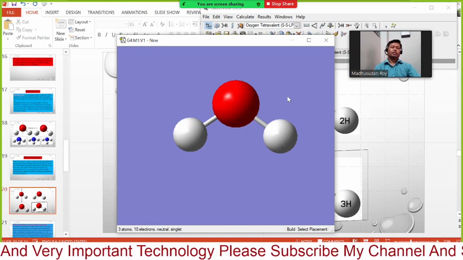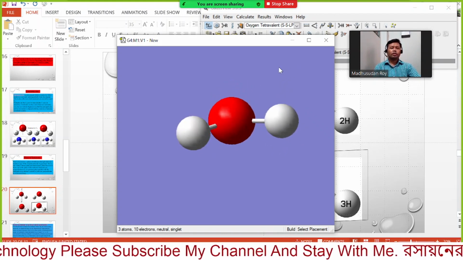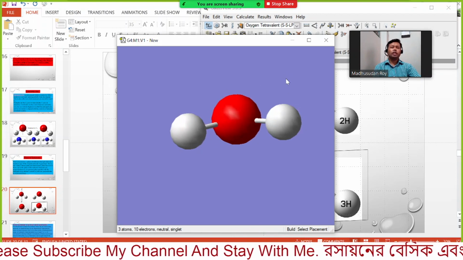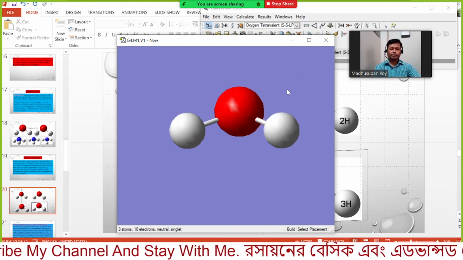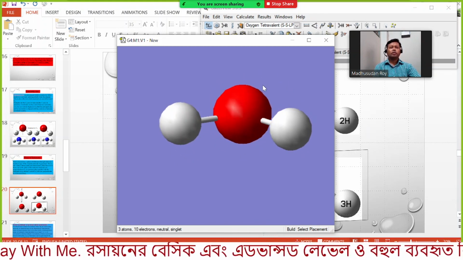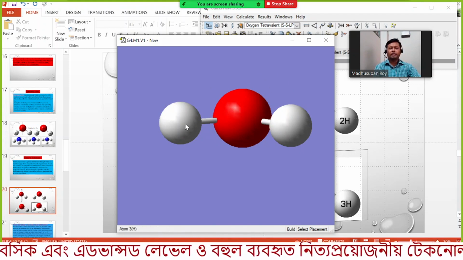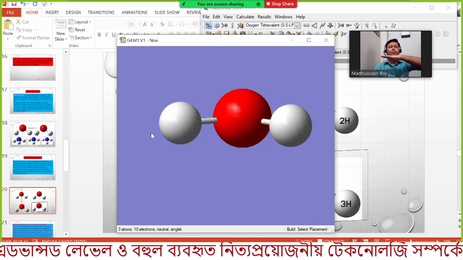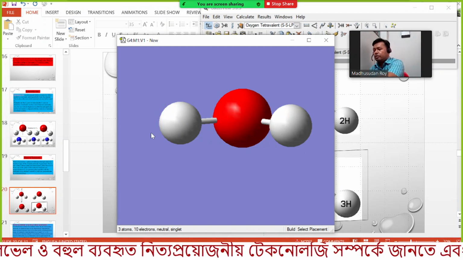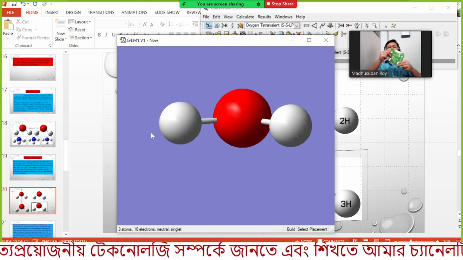Not only this, it has another plane of symmetry. This molecule is planar, so the hydrogen, oxygen, and hydrogen are all in the same plane, like a piece of paper.